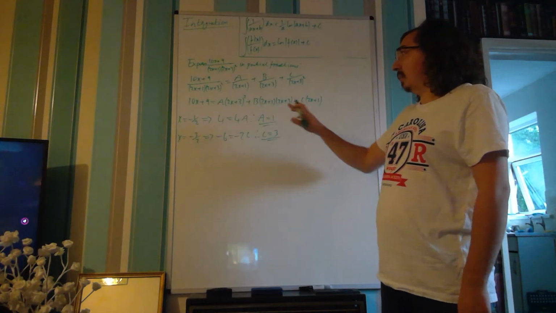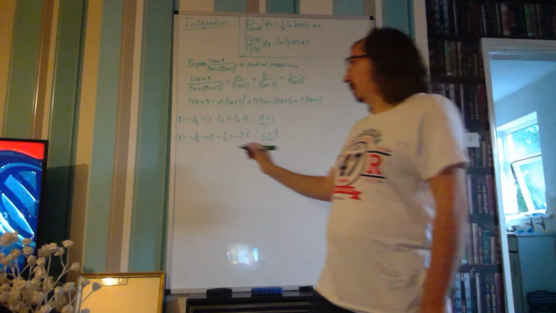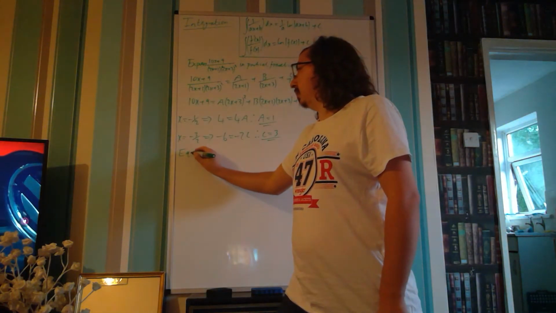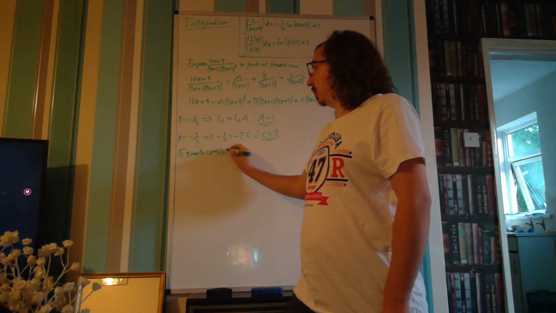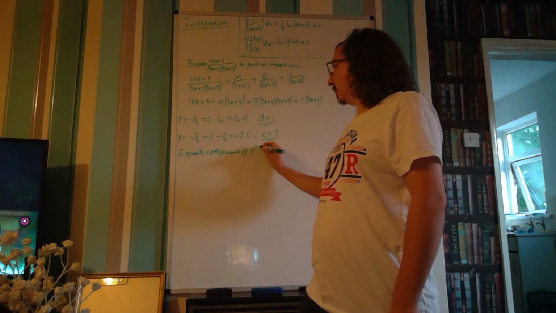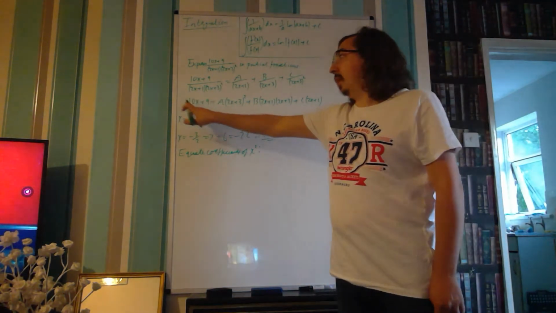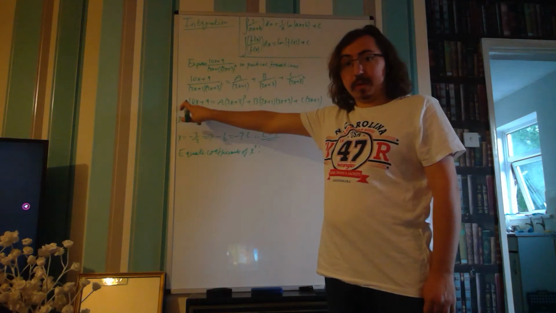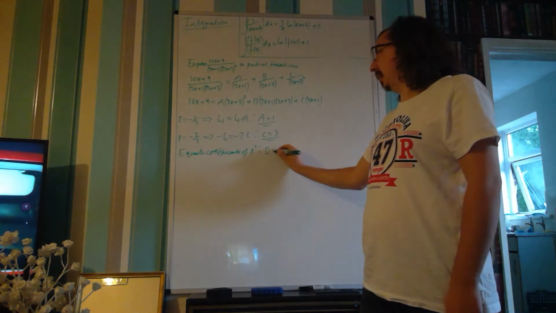Now, we can't get rid of any more brackets, but what we can do is equate coefficients. And the easiest one to do, to find B, is to equate the coefficients of x squared. Now, on the left-hand side, there is no x squared term, which means that the coefficient must be 0.